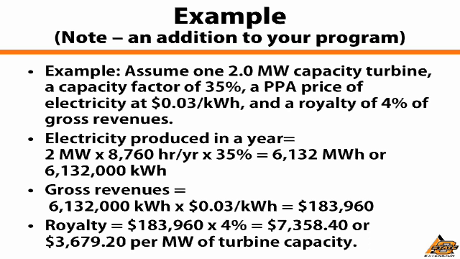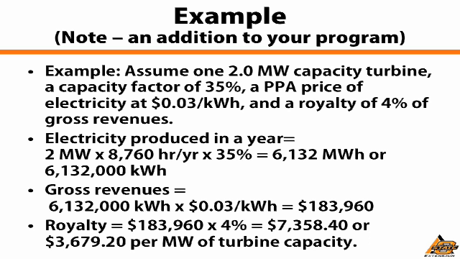How much power are we going to get out of this turbine this year? Take our 2 megawatts, that's our capacity, multiply it by how many hours are in a year, 8,760 for those of you keeping track at home. 35% capacity factor means we're going to get about 6.1 million kilowatt hours out of that turbine. It's a lot of juice. All right, how much revenue are they getting from the sale of that power?